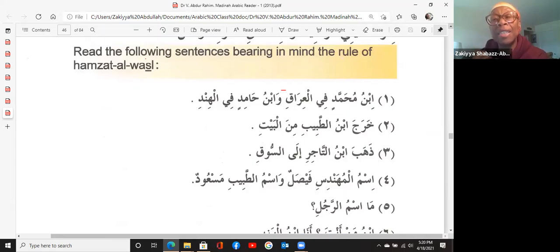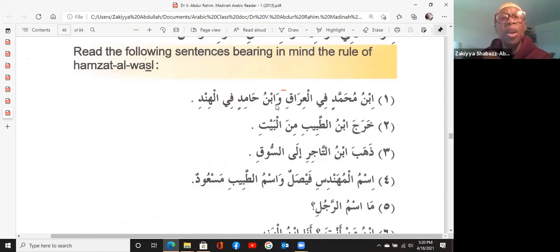If you look at sentence number 1, they have Ibnu Muhammadin fil Iraqi. Now the second one, there's a waw in the front of it. So it's going to be wabnu, not going to be wa ibn. And if you notice, there is no vowel on the aleph anyway.